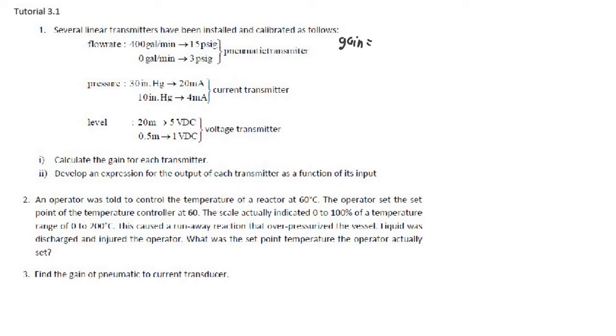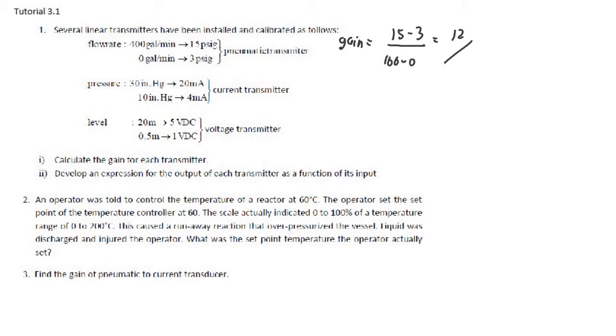is equal to the range of the output, which is in PSIG, divided by the range of input, which is in gallon per minute. We take the bigger value minus the lower value: 15 minus 3 and 100 minus 0.